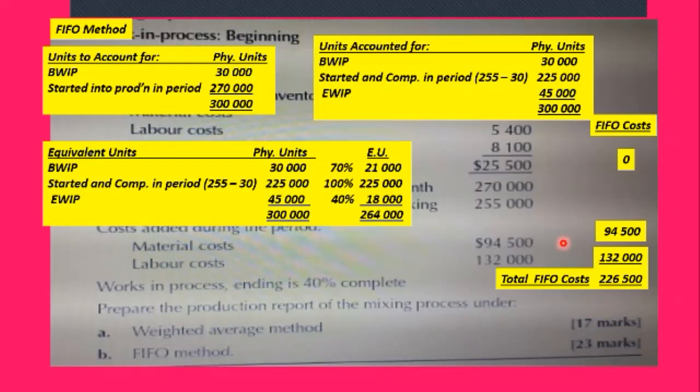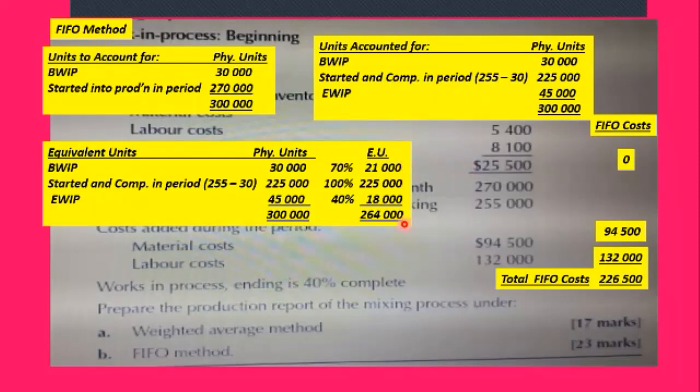Now, the problem divides up the cost into material and labor here, but it does not divide the equivalent units into materials, labor and overheads.